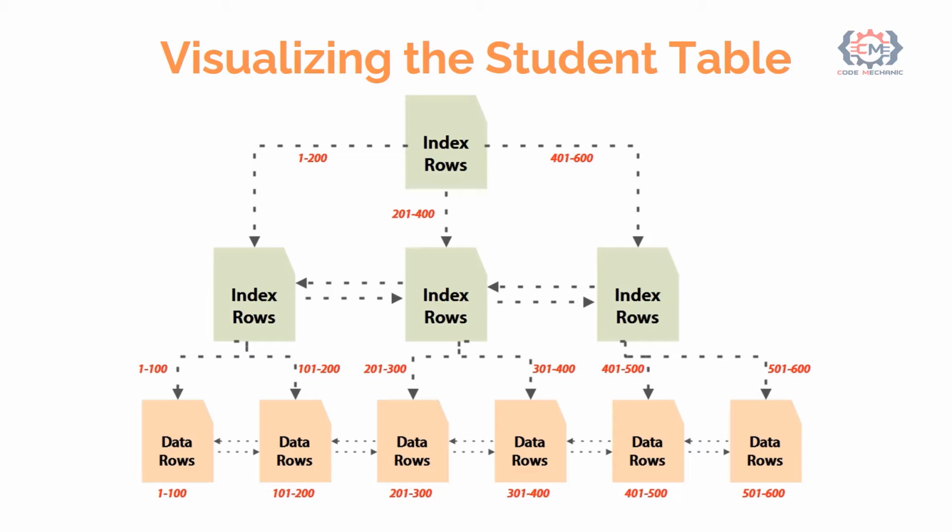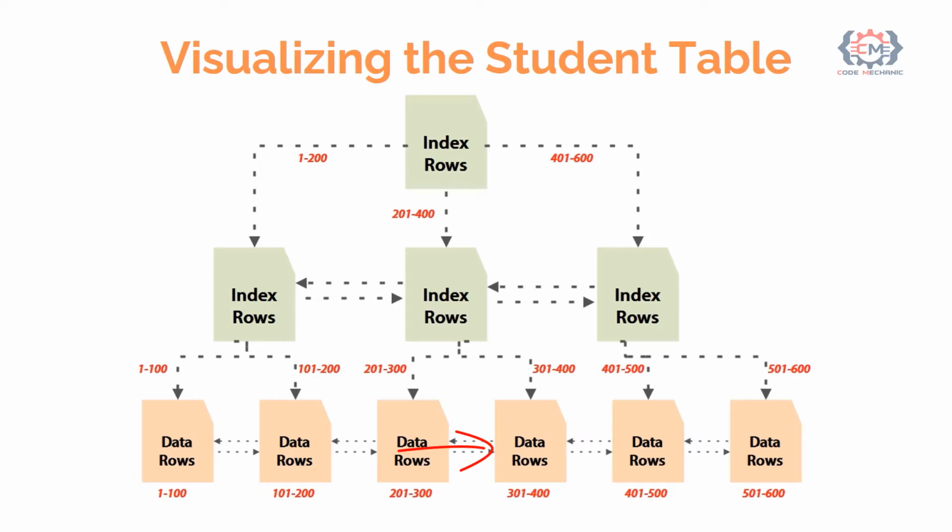In the top two levels of the tree, we have a series of pointers that will help direct us to the data. So let's say now that we want to find the row for student number 327. We start up here at the root node and it will tell us that we need to go to the intermediate node that is second from the left.